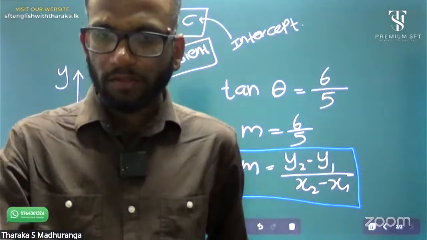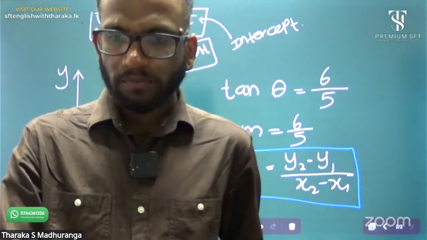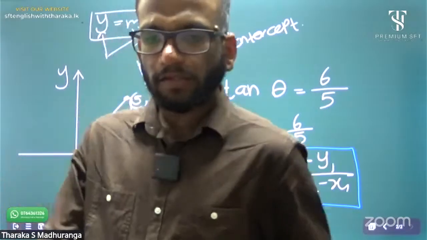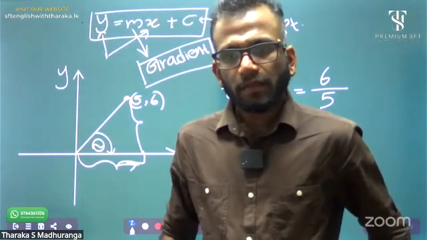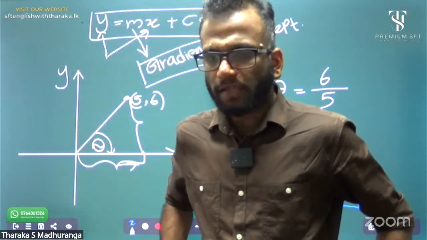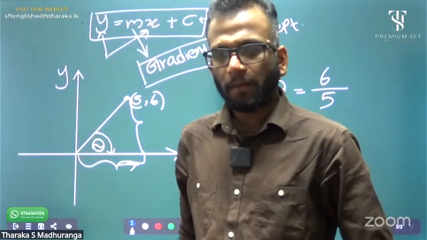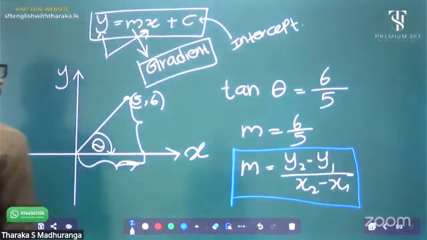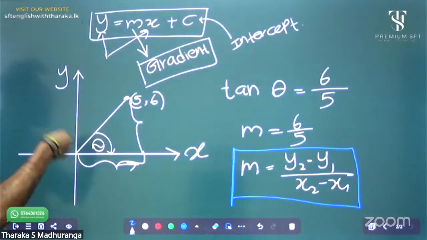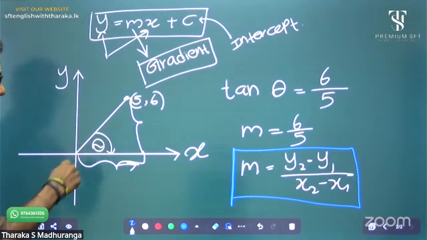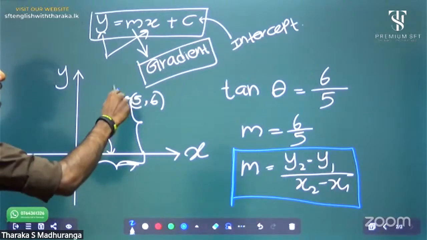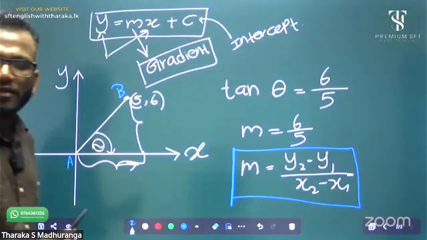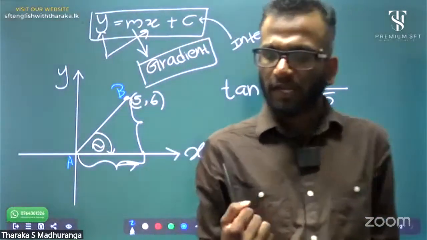Very good. Yes, the y-axis. The cutting point with which axis, Fatima? Y-axis, yes, the y-axis cutting point. Okay, what is the intercept of this given straight line? Think it is A and think it is B. The AB straight line. In the diagram, what is the intercept of the given straight line?